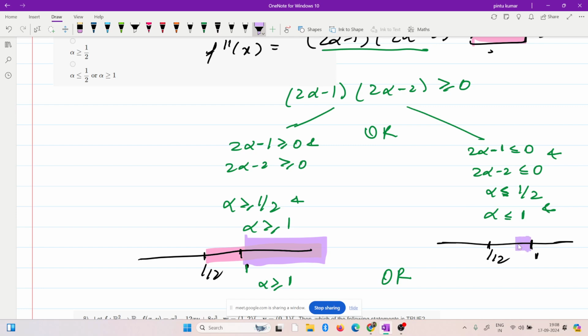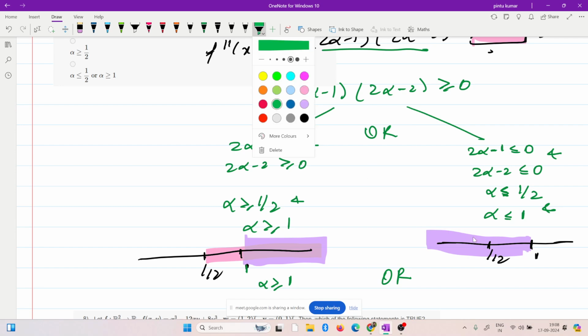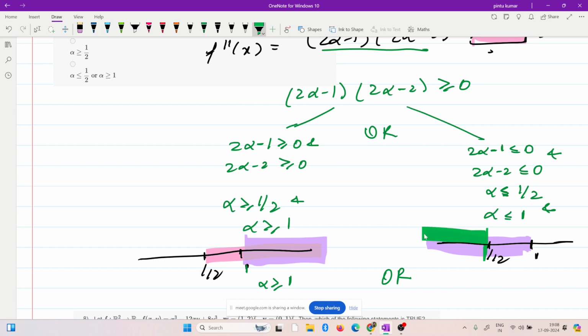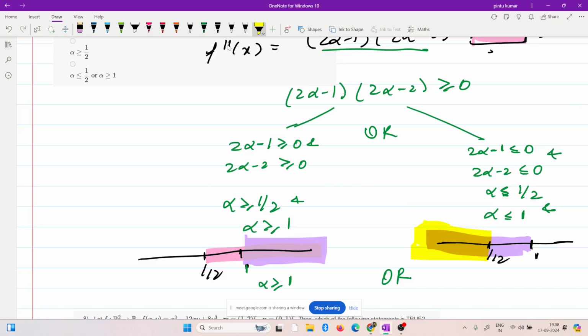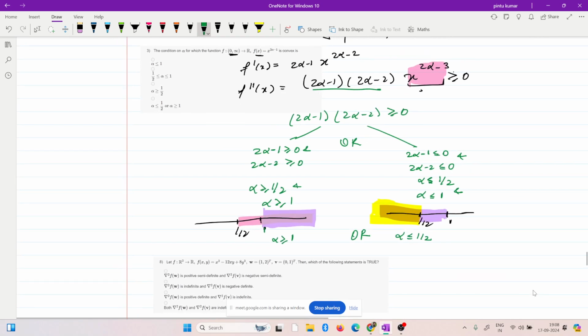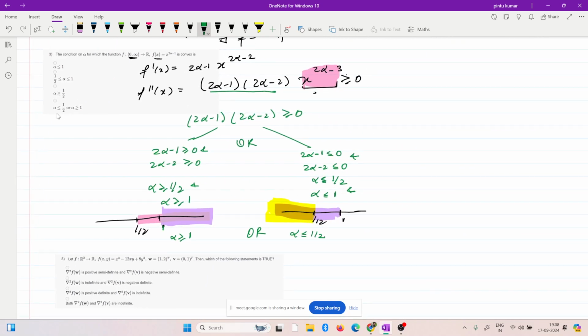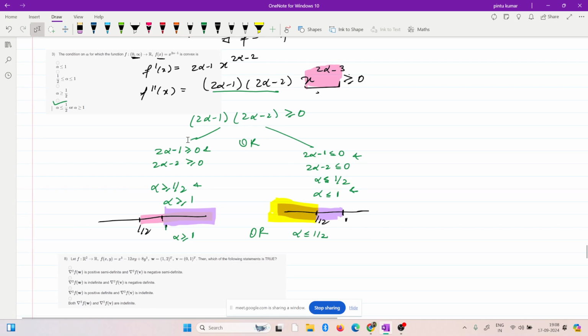So this region is alpha less than or equal to 1, and we can have green representing alpha less than or equal to half. Yeah, this color works fine. So what is the common region? The common region is that alpha is less than or equal to half, or alpha is greater than 1. So the fourth option again is correct.